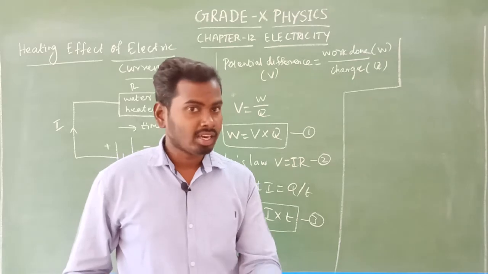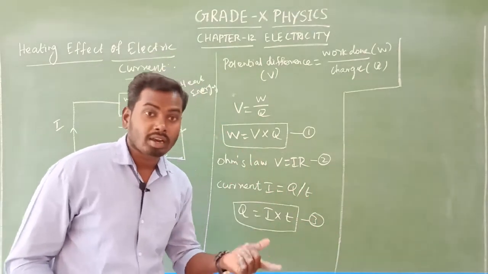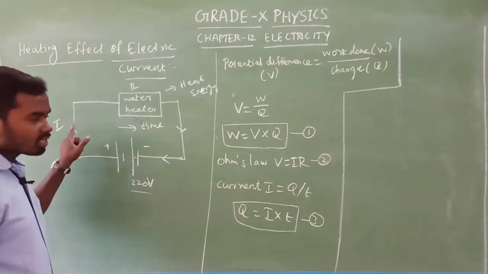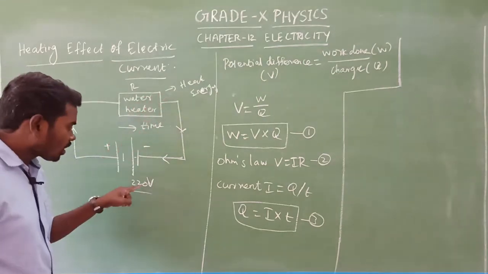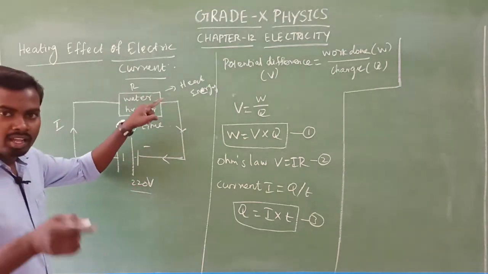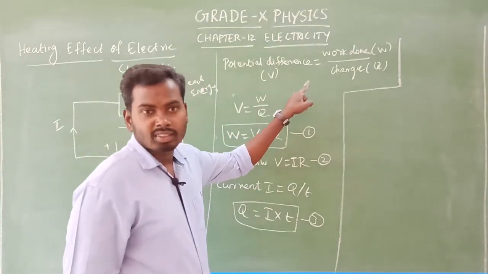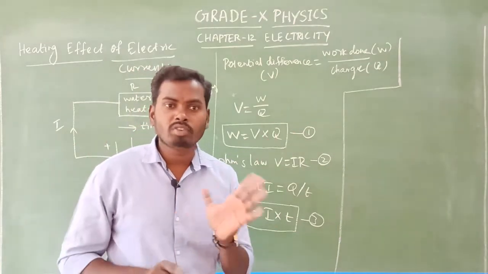What is the formula to calculate the work done, in terms of voltage and current? Potential difference and current cause heat, so we take that formula. We should not take the formula for electric power, which is work done divided by time.